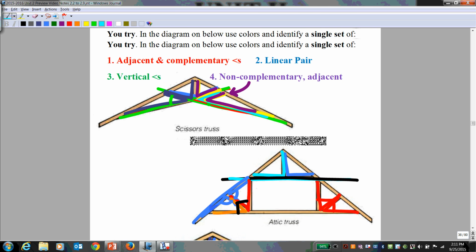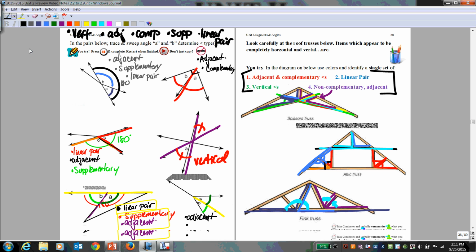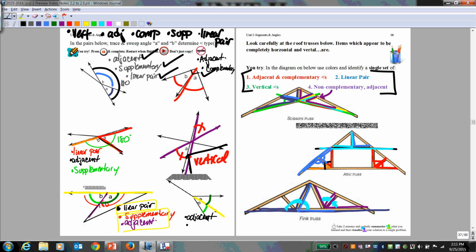You need to be able to spot these angles quite easily. We're going to be using them a lot this semester and next semester for intents and purposes. So again, the angles that you have to be familiar with are adjacent, supplementary, linear pairs, complementary, and especially vertical.